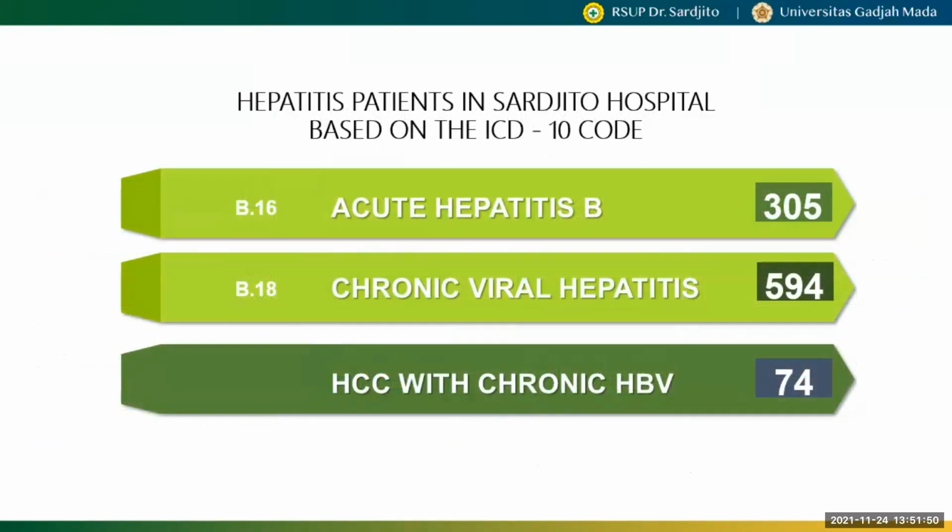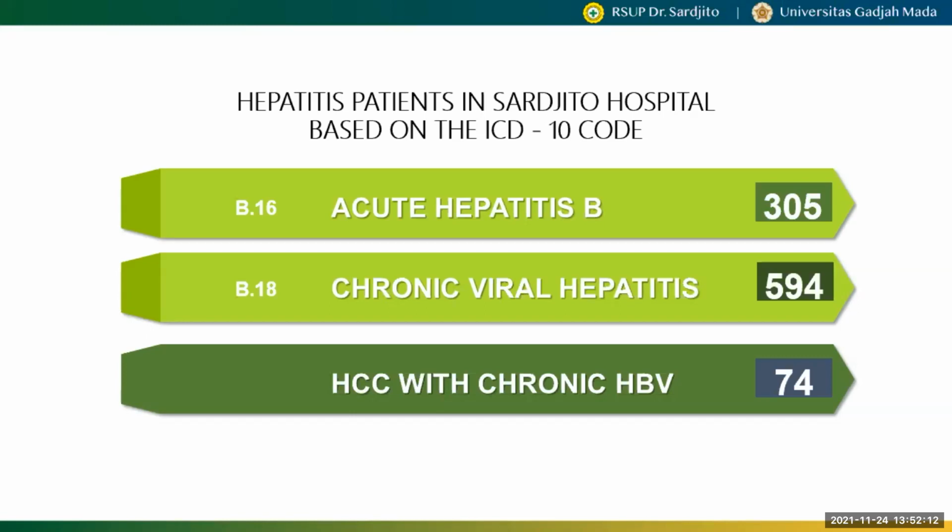So this is quite interesting because we tried to find data about how many hepatitis patients there are annually in Sardjito. Based on the ICD-10 code, it is quite interesting that acute hepatitis B has plenty of patients.